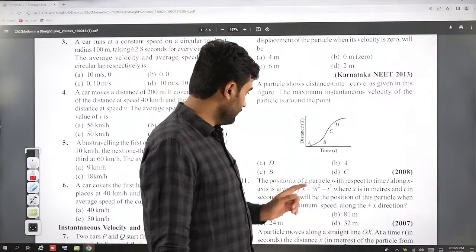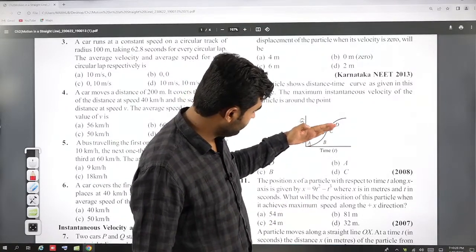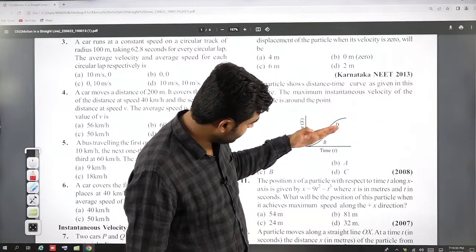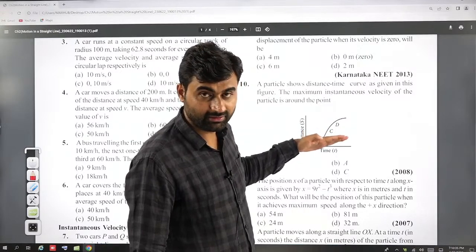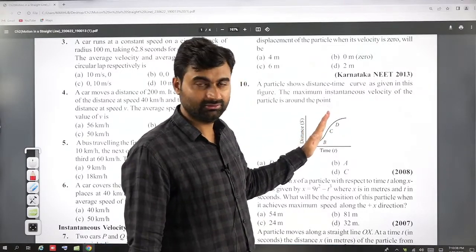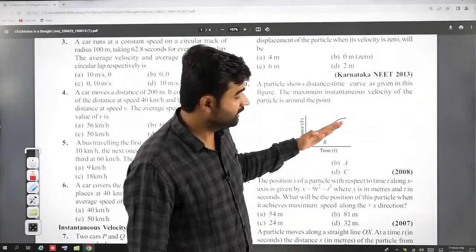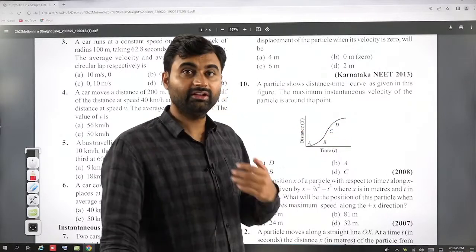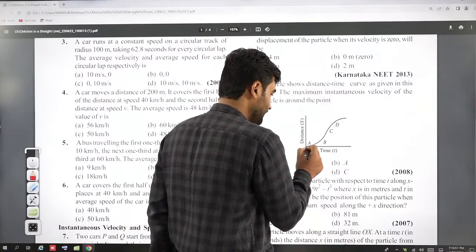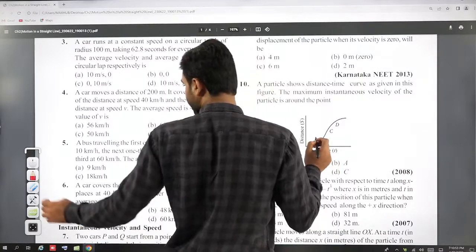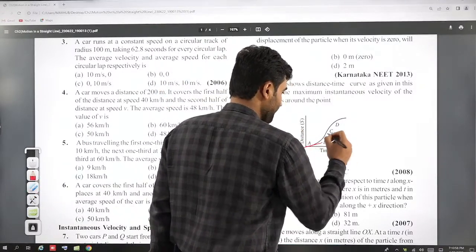Okay, so at a point, if you draw a tangent on this graph, and that tangent is flat, not steep like that, or it is nearer to the horizontal line, it means its slope is less.